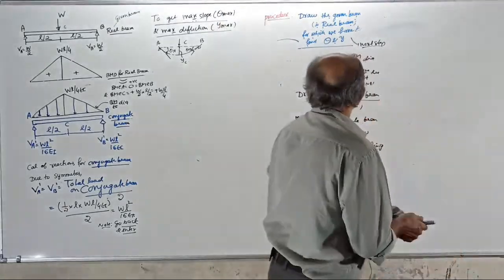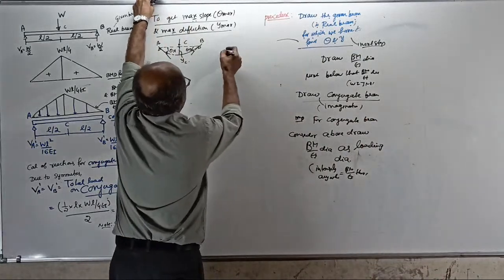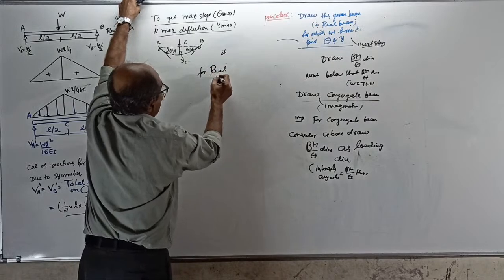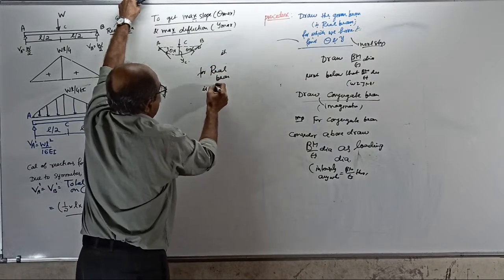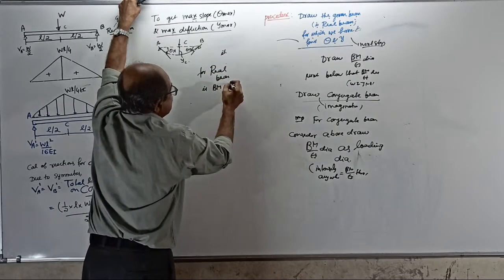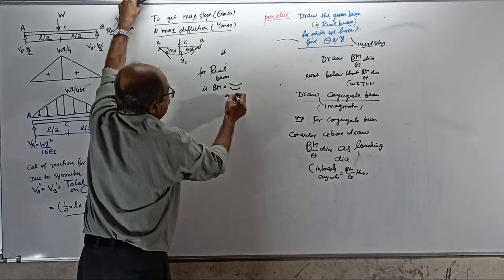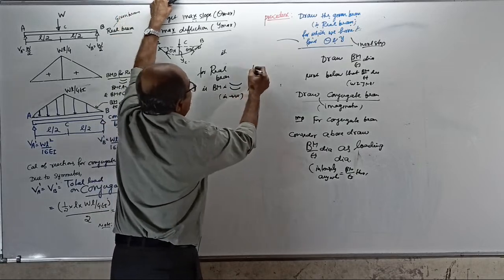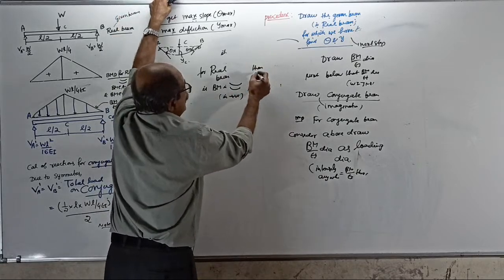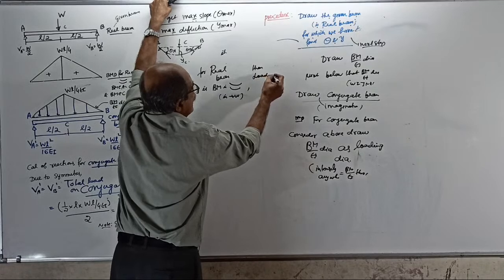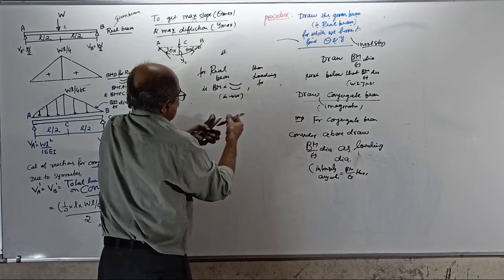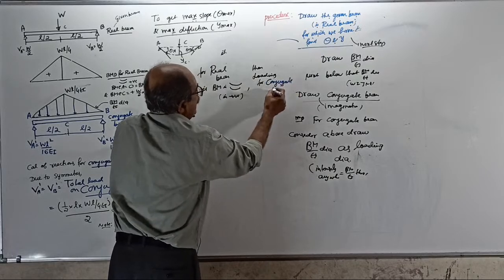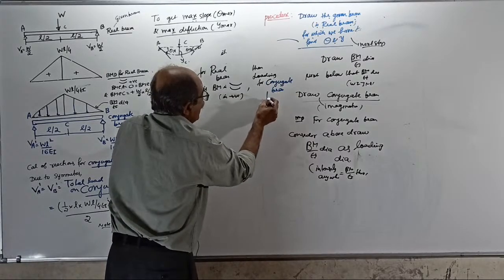Now, one very important thing. See, for the real beam, if BM is sagging or positive, then the loading for the conjugate beam will be downward.